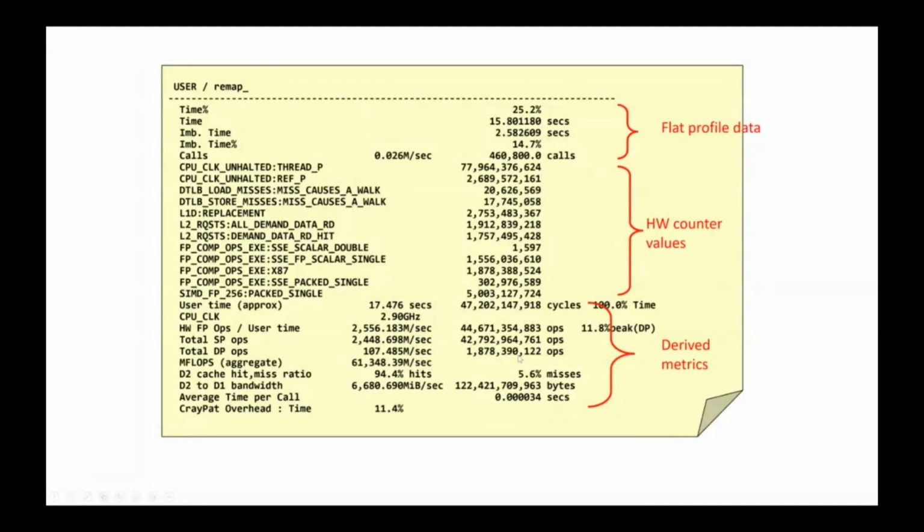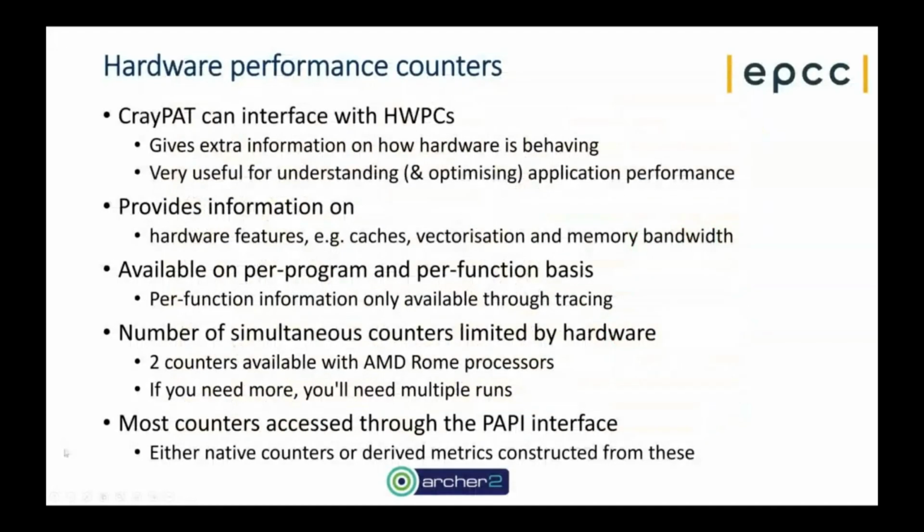And then from that, CrayPat has built us some derived metrics to say things like: what's your total number of double precision floating point operations? What's your level 2 cache hit ratio? And what's your bandwidth between level 2 and level 1 cache, and these kind of things here. And so we can use that to get much more in-depth information about the routines that you care about in your application.